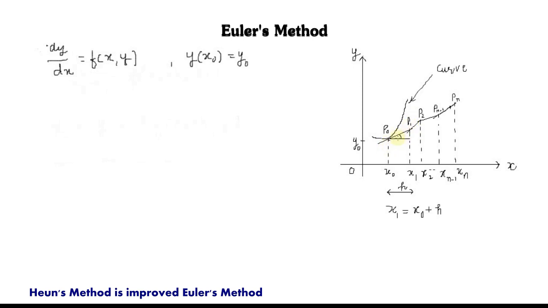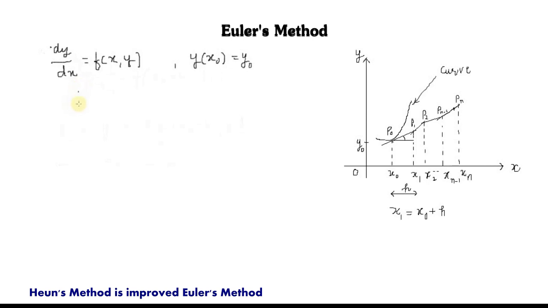If we join p0 and p1 to find the slope, the slope of the tangent is taken as (y1 minus y0) upon (x1 minus x0). This is equal to the value of the function at p0. We are assuming that p0 is known to us as given in the question.